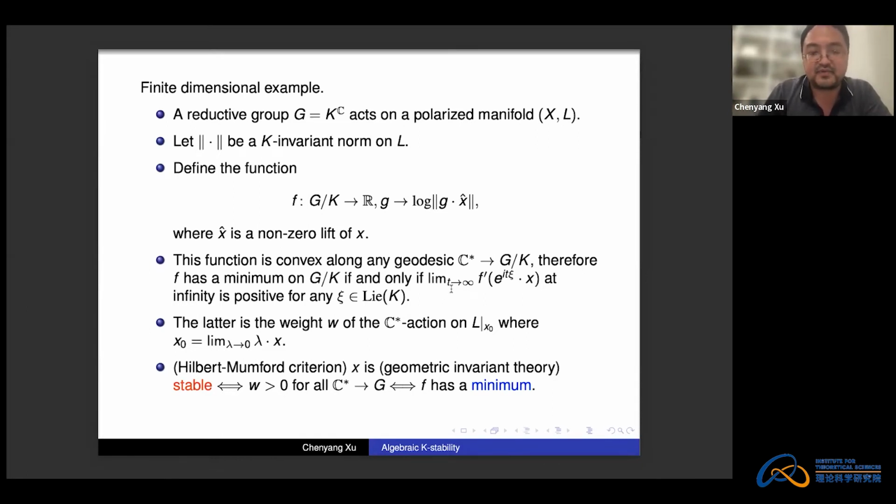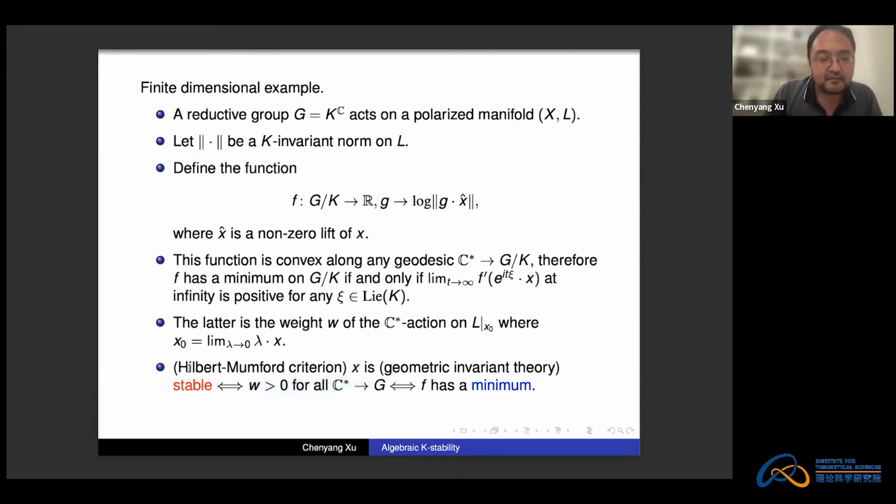And this weight is precisely the limit of the derivative when t goes to infinity. So in other words, if we put all of this together, F has a minimum if and only if the weight is positive for all C star in G. So this weight is the limit of this C star action on x. For that weight, you check whether it's positive or not.